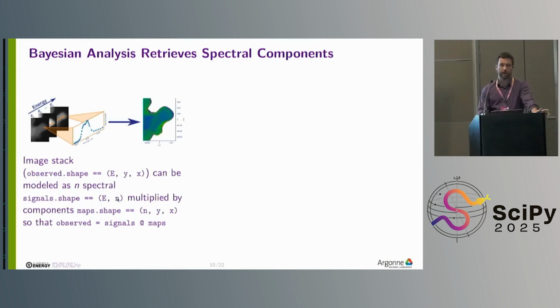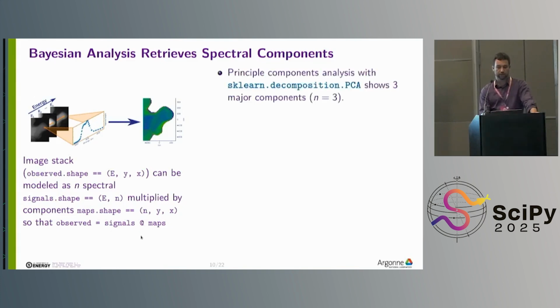So if we had n number of signals, and each one is associated with a series of energies. And then we have a set of maps that produce one map for each of those signals and then shows you the map for how much of that signal contributes at that point. And then, to put it back together, you would do a matrix multiplication to get back your original set of observations. So the starting point was using scikit-learn's principal components analysis.